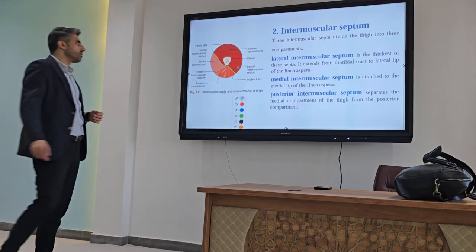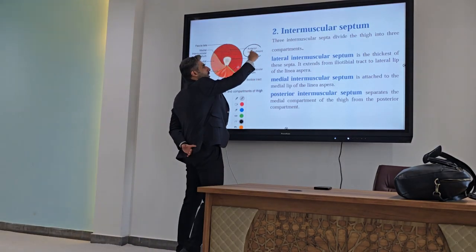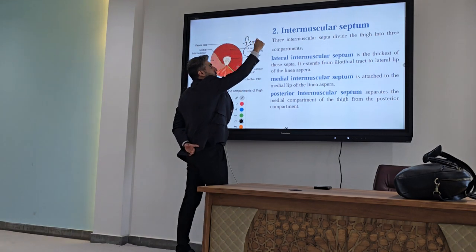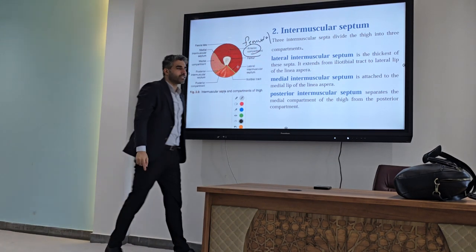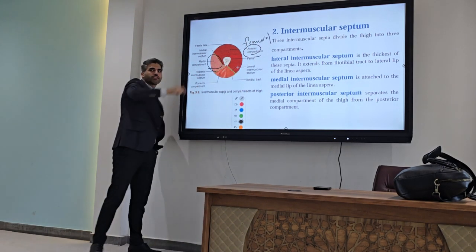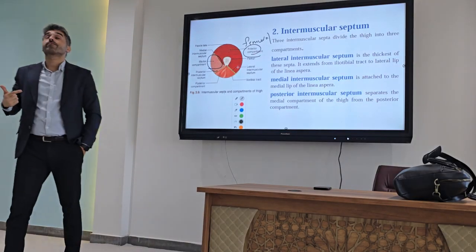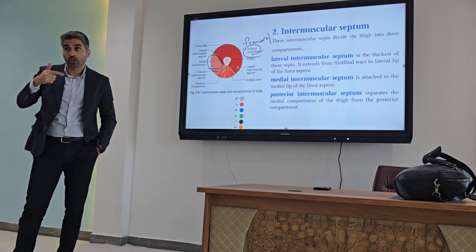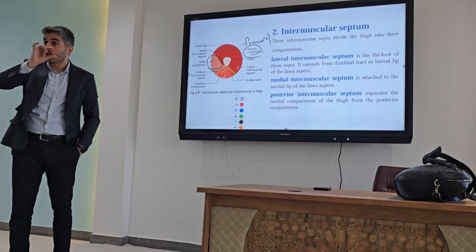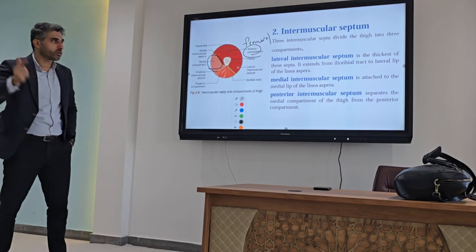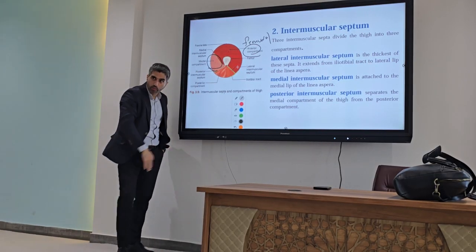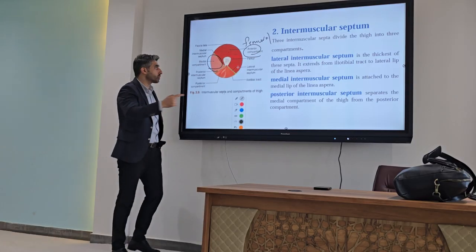Femoral, very good. For the anterior compartment, the nerve is femoral. What is the nerve for the medial compartment? Cutaneous is sensory. Obturator, very good. The medial compartment, sensory and motor, is supplied by the obturator nerve.